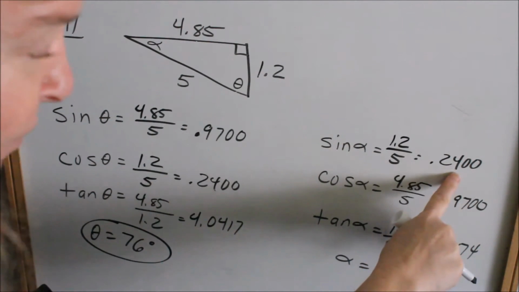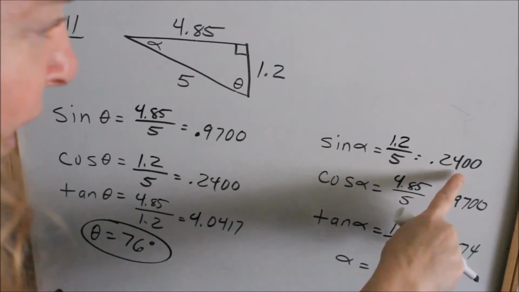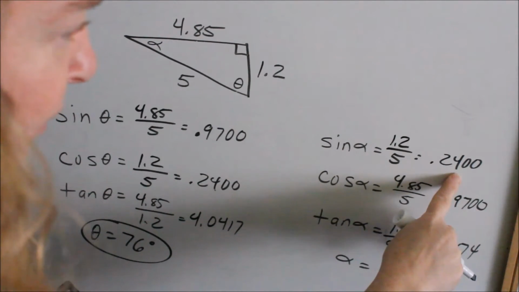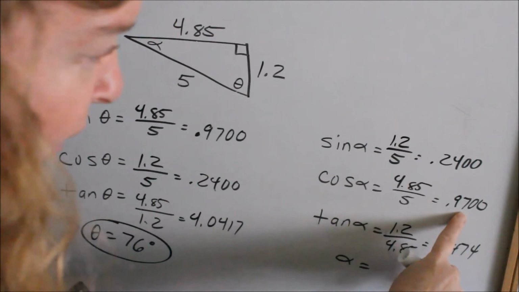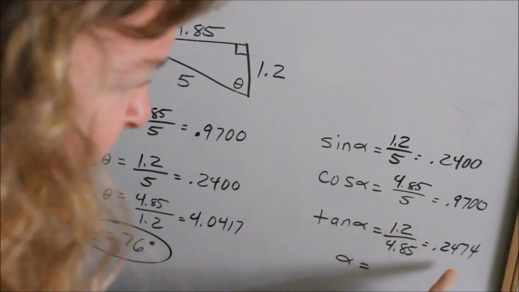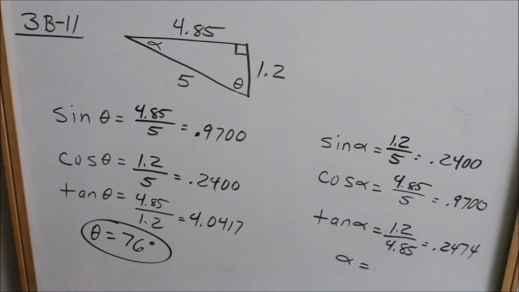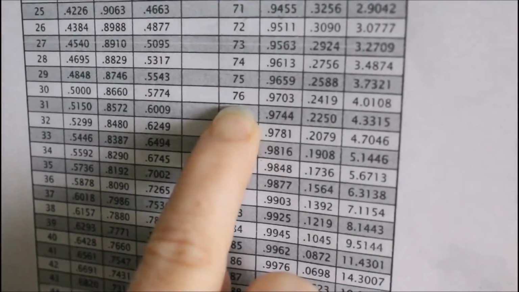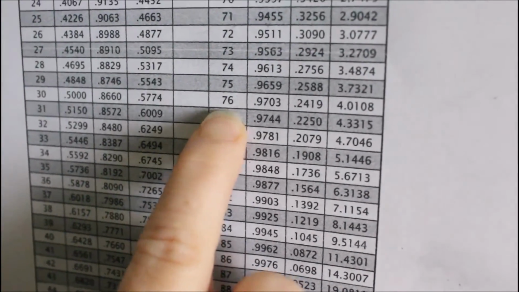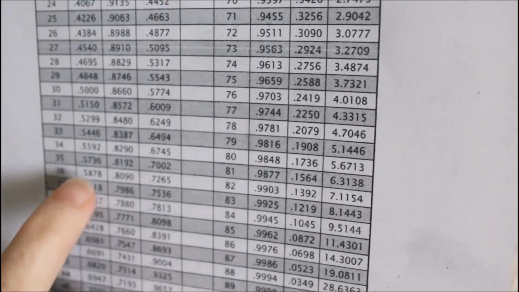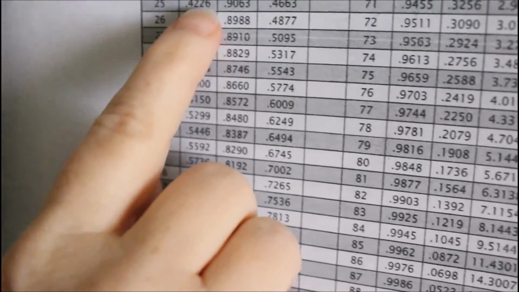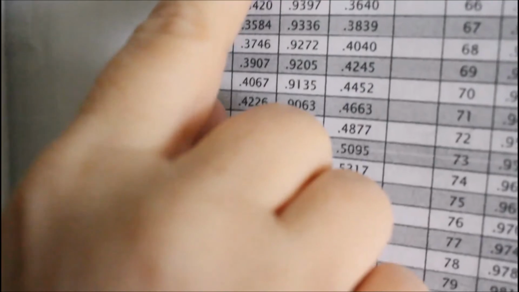So we can look up these values on the trig table. We can look under the sine column for 0.2400, the cosine column 0.9700, and then the tangent column for this, and to be able to find the degrees. Now we can do alpha. Okay, we're looking for sine of 0.2400. So coming over here to our sine columns, let's find something that's close to 0.2400.